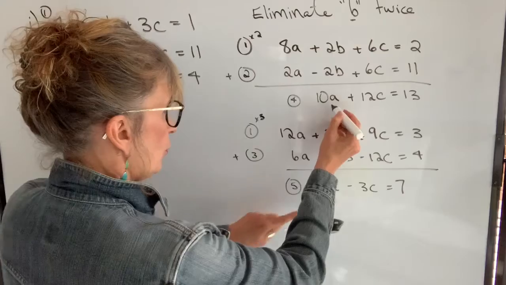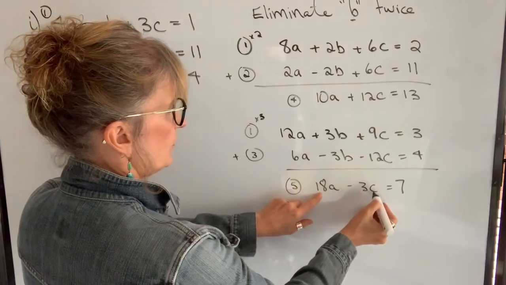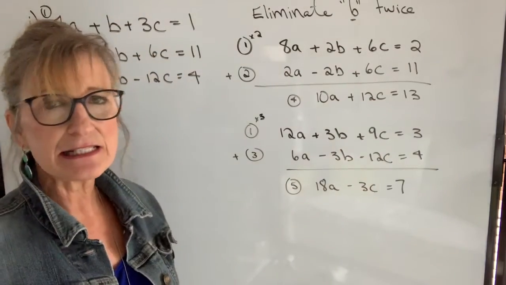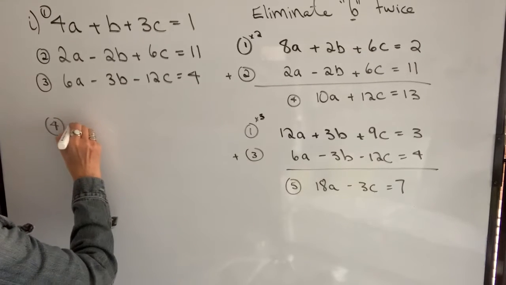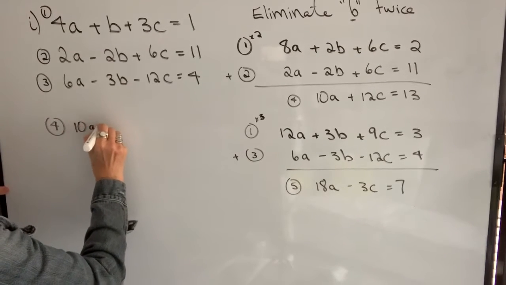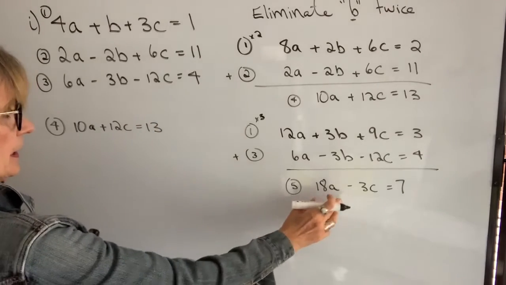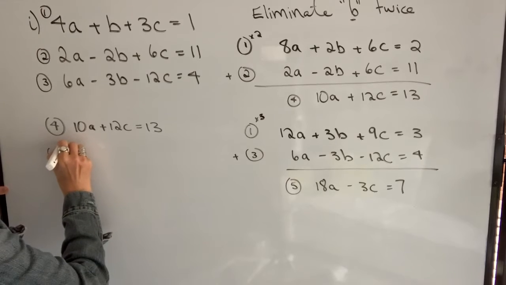So again, looking at my coefficients, 10 and 18 for A, 12 and negative 3 for C, it makes the most sense to eliminate C. I can leave equation 4 as is, 10A plus 12C equals 13. I can take equation 5 and I want to multiply it by 4.